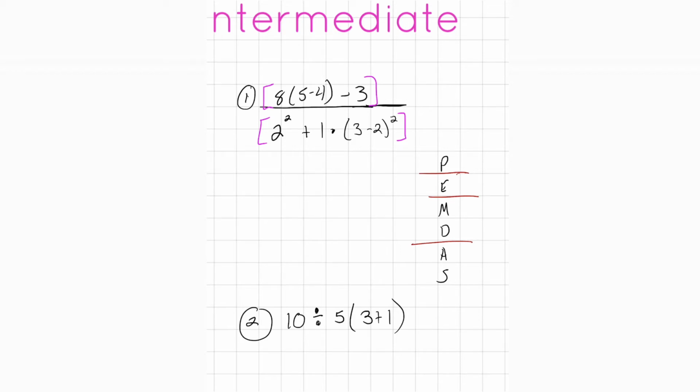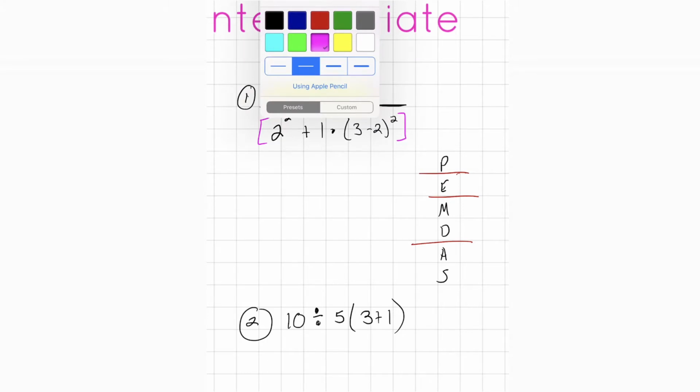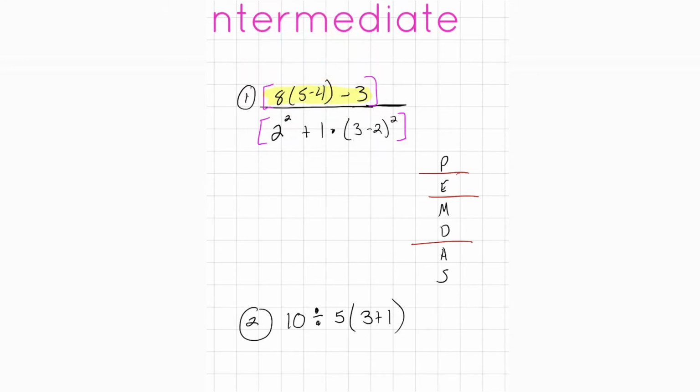We're going to focus in right now just on the numerator. All right, so the numerator ends up being 8 times (5 minus 4) minus 3. I'm going to write all of our numerator parts in blue. So we start with our parentheses, because that's the first step of order of operations. So 5 minus 4, that's going to be 1, right? And now we have 8 times 1 minus 3.